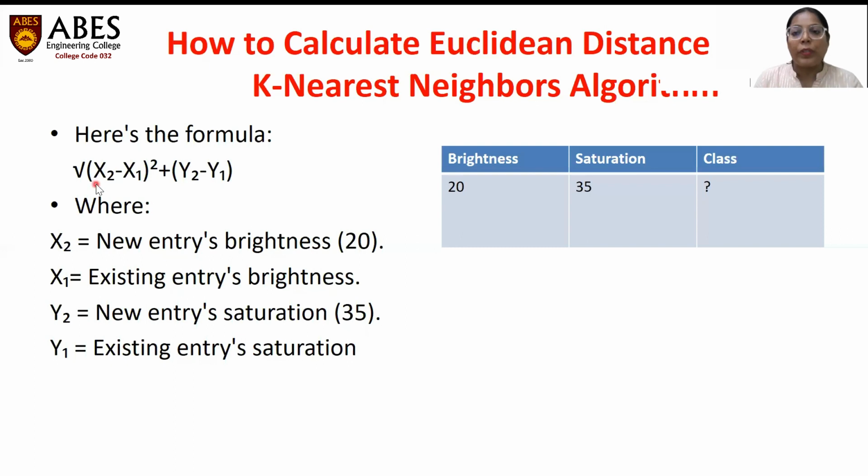Here we will use the Euclidean distance formula, that is, x2 minus x1 whole square plus y2 minus y1 whole square. Here the square is missing. This is our given data: brightness is 20 and saturation is 35. Now we have to predict the class of this combination, whether it will be red or blue.